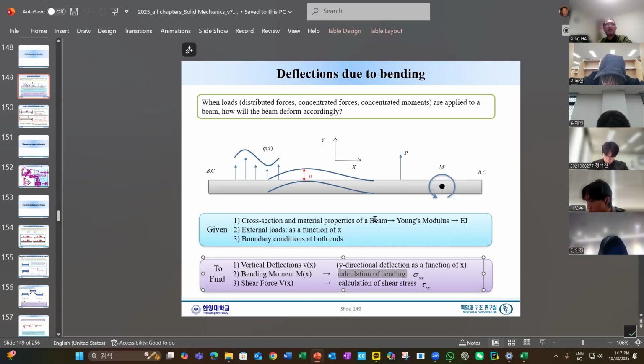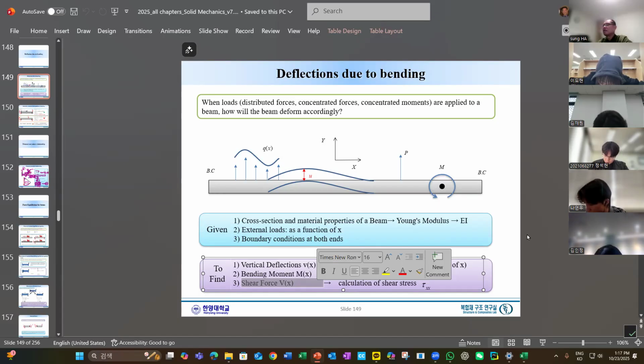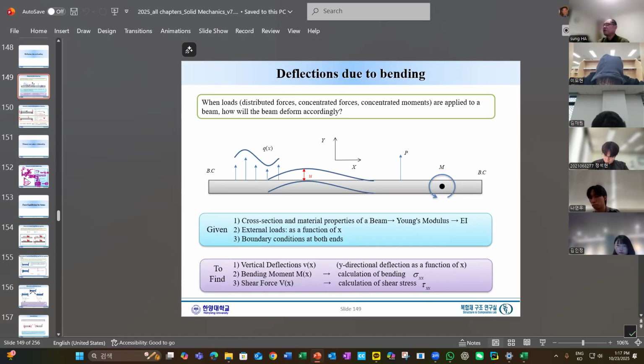Bending stresses are always calculated as linear distributions. We didn't learn it yet, but the shear force will be obtained as well, and from there we are going to calculate the shear stresses. Shear stress, magnitude-wise, is not that big, but equilibrium-wise it is a very important quantity.